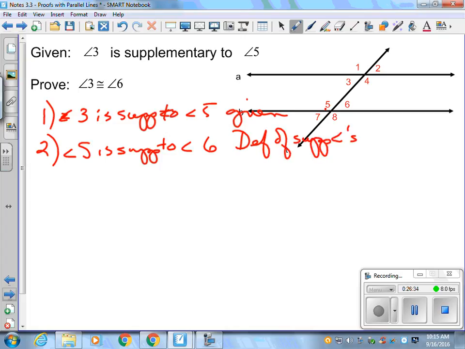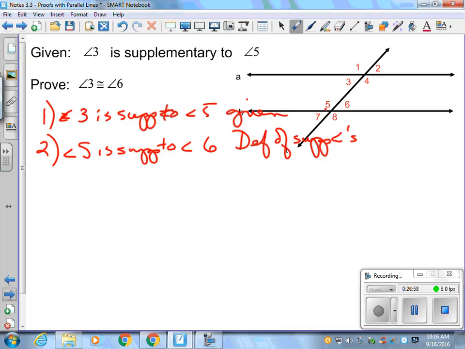The definition of supplementary angles is two angles side by side on a straight line. So I can write that for that. I would never have been able to write that for 3 and 5 if that hadn't been given, because 3 and 5 are not side by side, are they? They don't touch. They are on a straight line. So therefore, I could not have written that for that reason. That's why they had to give me that one.